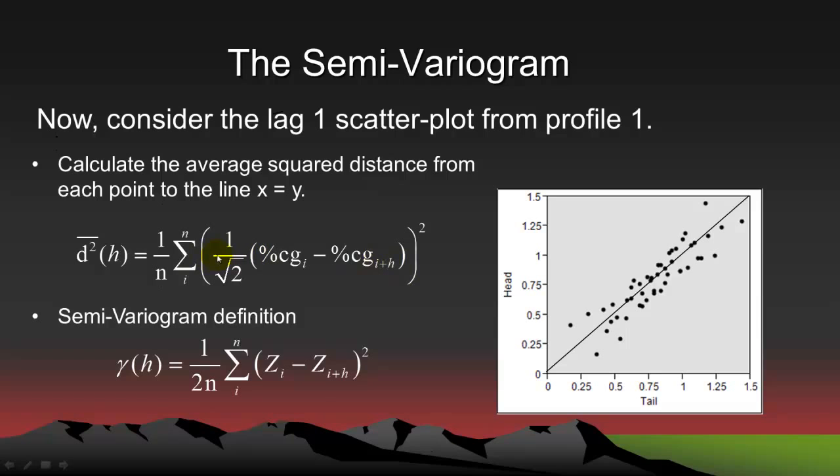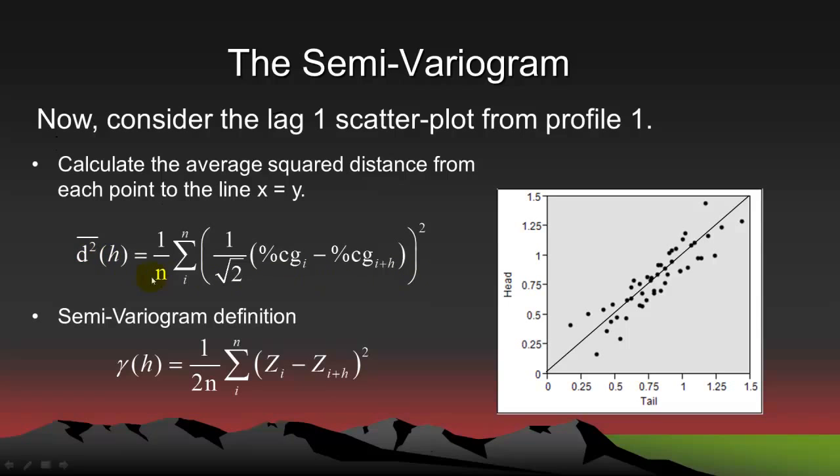And we're going to take and summarize all of these distances, square them, summarize them, and then take the average by dividing by n, where n is the number of points here. Then we have the average squared distance from all points to the x equals y line.